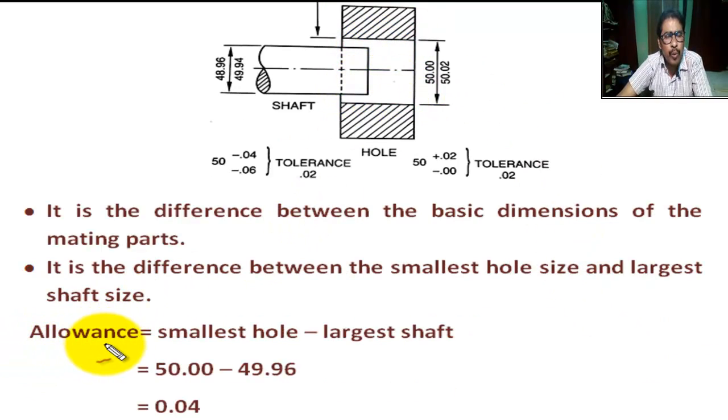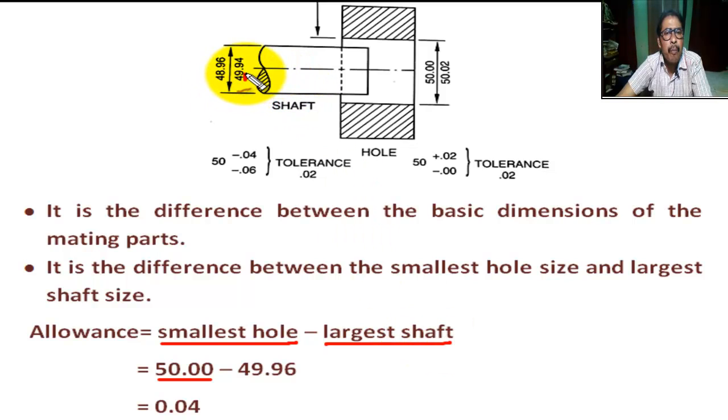As per figure, allowance equal to smallest hole size minus largest shaft size. Smallest hole size is 50.00.